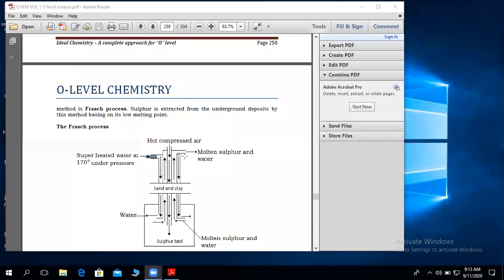We want to melt our sulfur, so we use hot compressed air and superheated water.